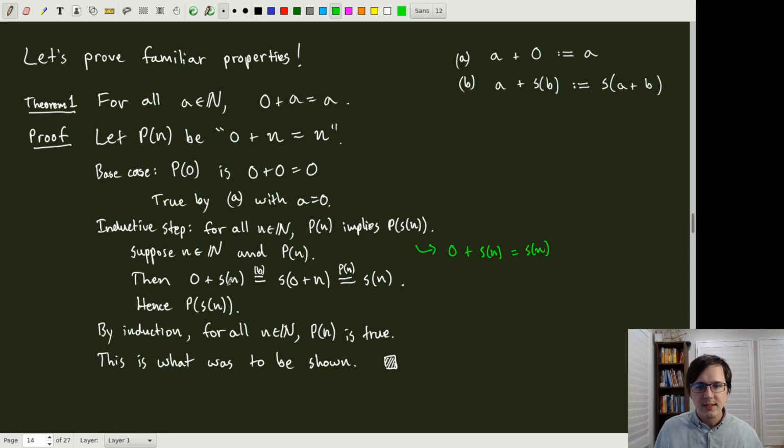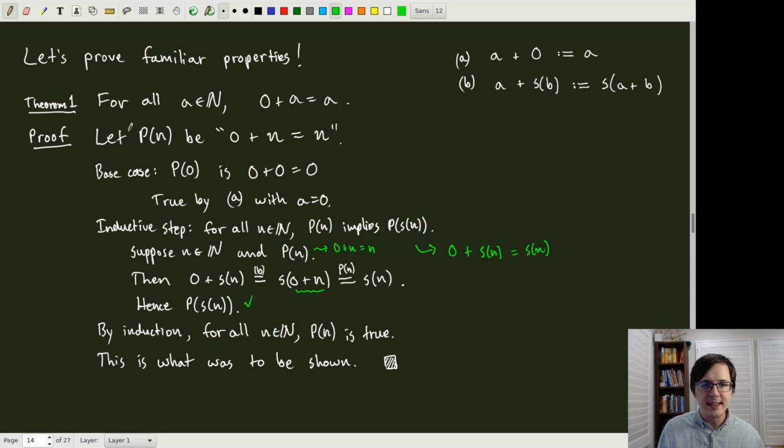So we start with the left-hand side of P of Sn, and that is 0 plus Sn. And then by definition b, we can pull the successor from the second argument to the outside. So that then becomes the successor of 0 plus n. And we are assuming P of n, and P of n is that 0 plus n equals n. So we can replace that 0 plus n with n on the inside, and that leaves us with Sn, which is exactly what we wanted. So P of Sn is true.